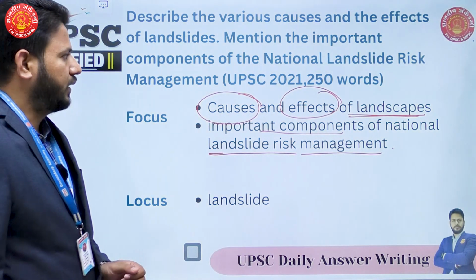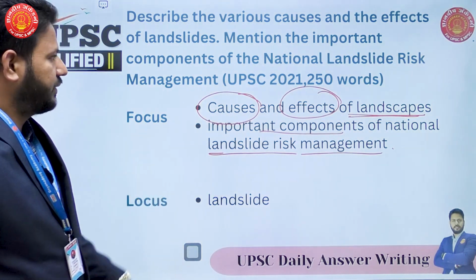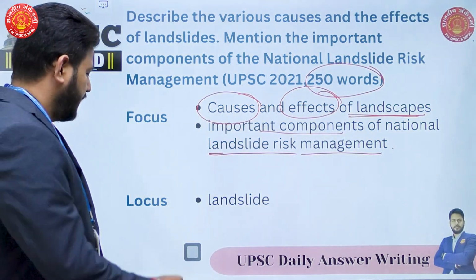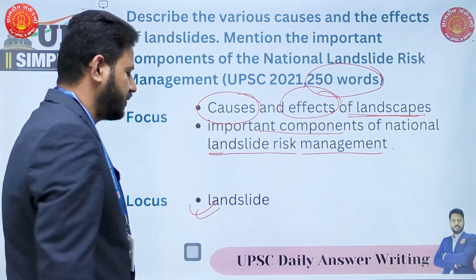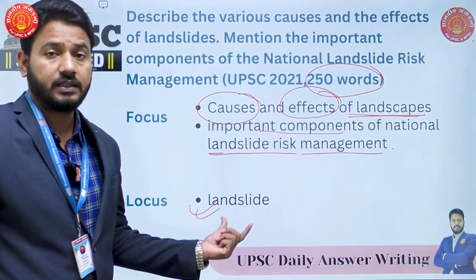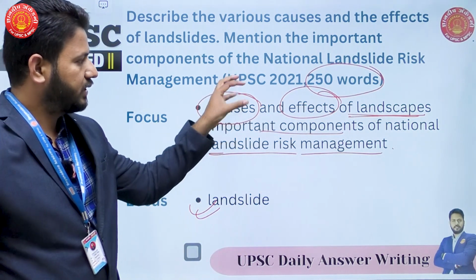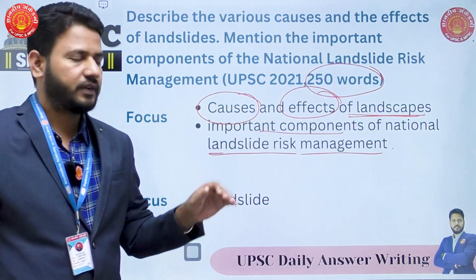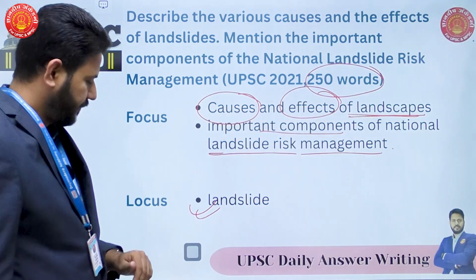Okay, so this becomes a very big question. 250 words is the word limit for this, and the locus here is landslides. So we are not supposed to write too much on landslides. We'll be focusing on what are the causes, what are the effects of landslides, and what are the important components of National Landslide Risk Management.